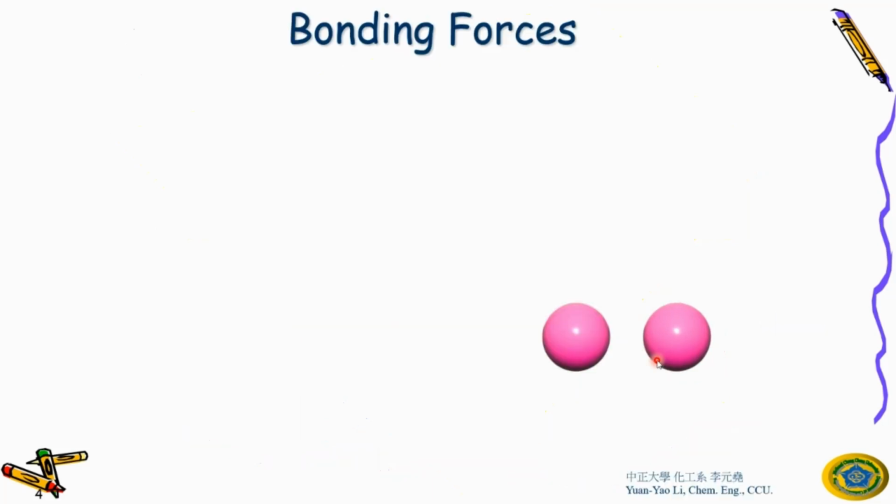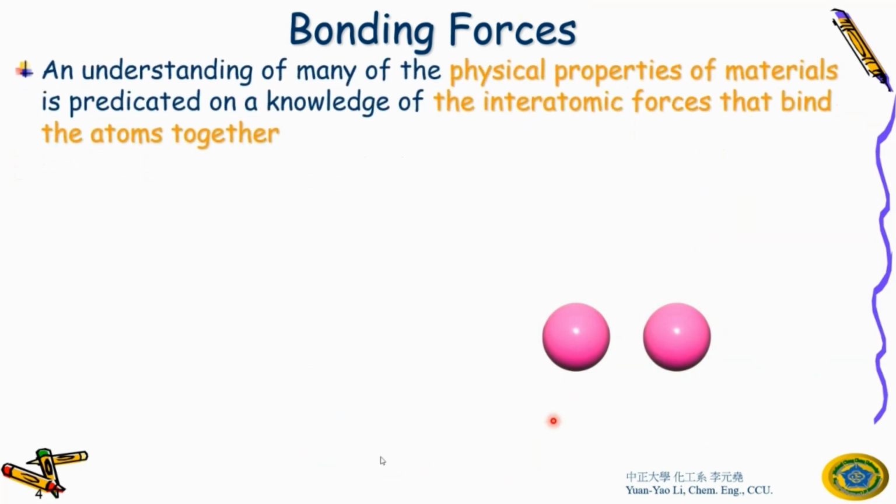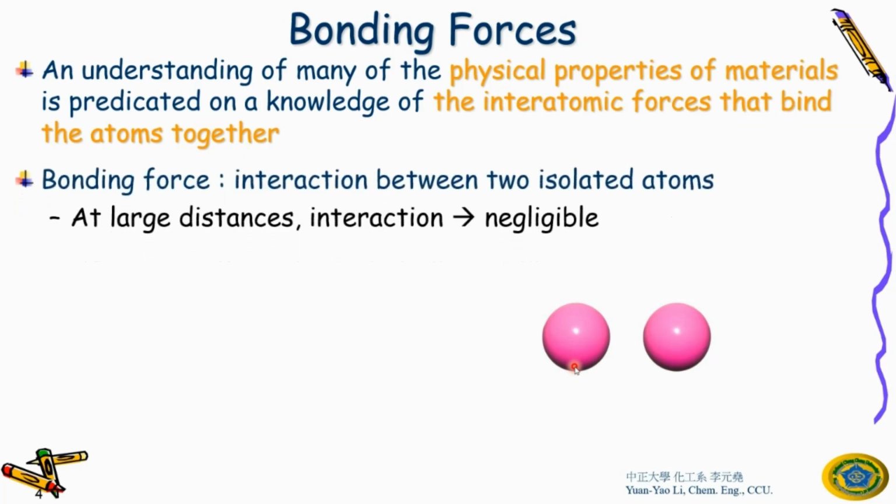The first one, bonding forces: understanding many of the physical properties of materials is predicated on a knowledge of the interatomic forces that bond the atoms together, how they bond them together. Of course, there are ionic bonds, metallic bonds, and covalent bonds. But before we move to that topic, let's have a basic knowledge about this. The bonding force is the interaction between two isolated atoms.